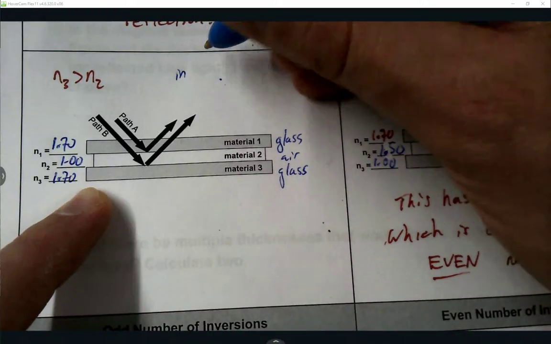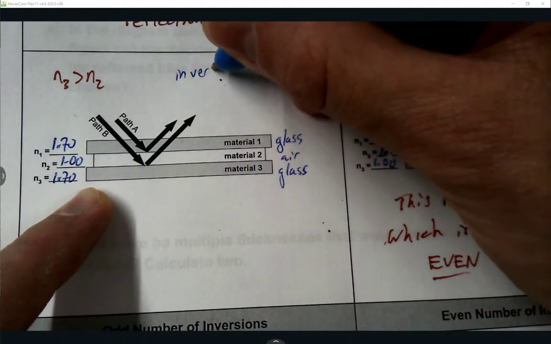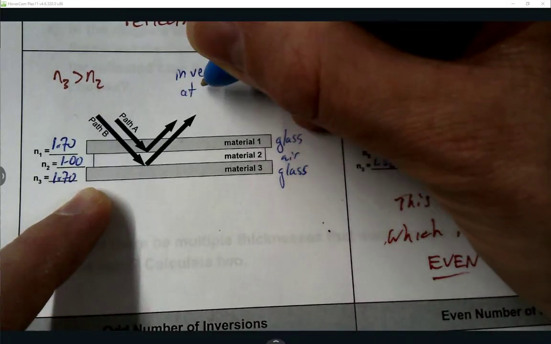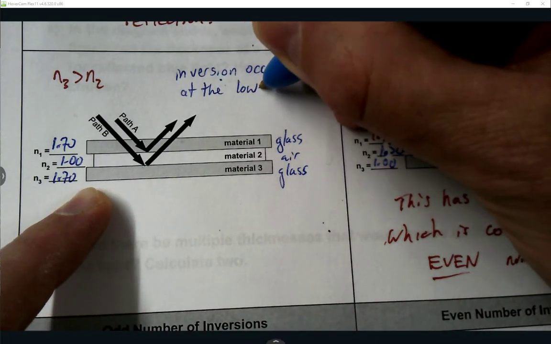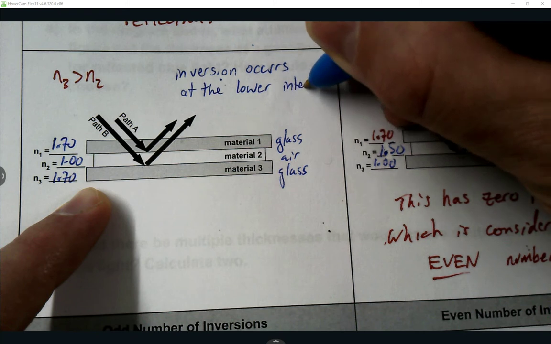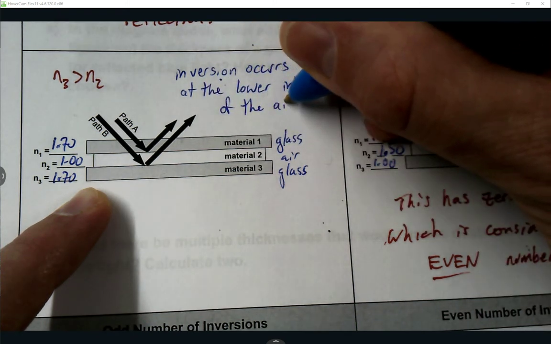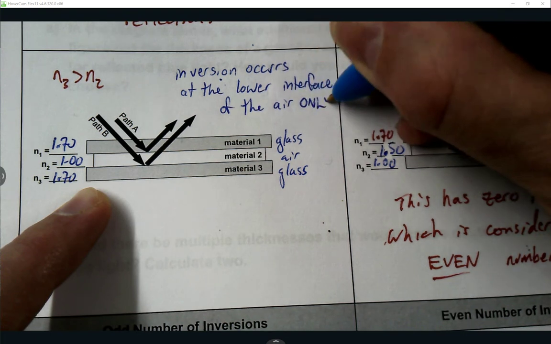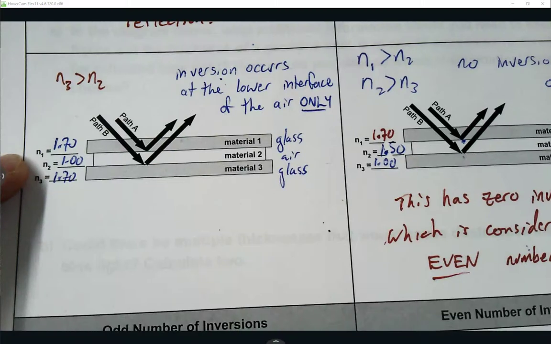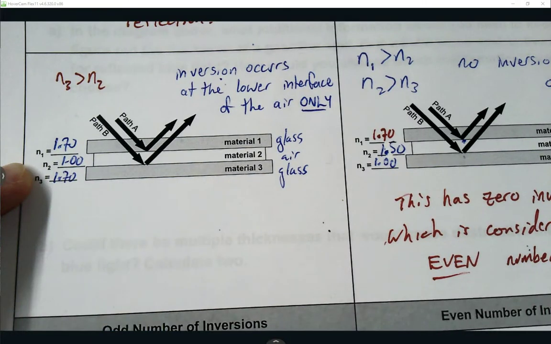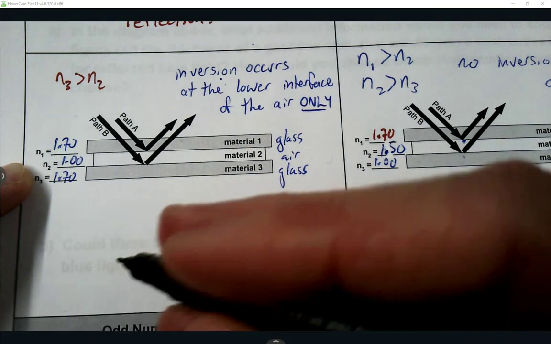Inversion occurs at the lower interface of the air, and only there, because for the transition from N1 to N2, from surface 1 to surface 2, there's not going to be an inversion, since N2 is less than N1. So this scenario has an odd number of inversions.